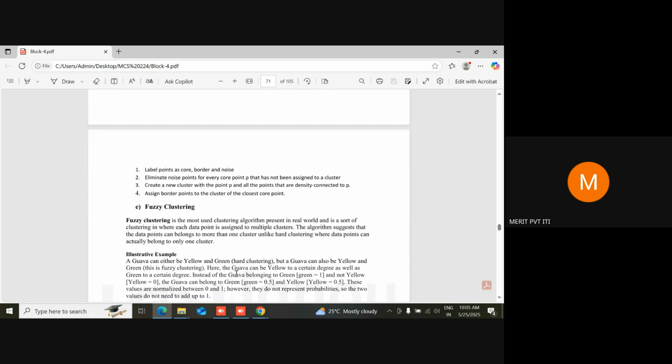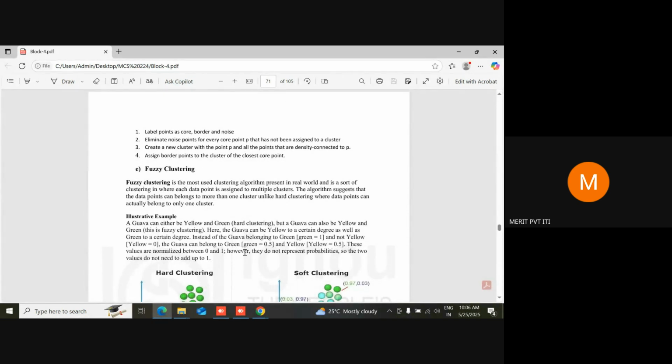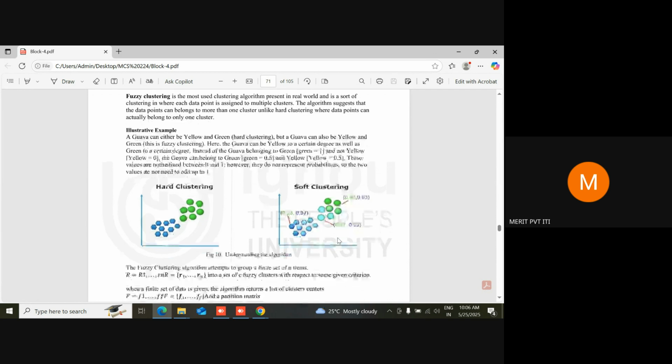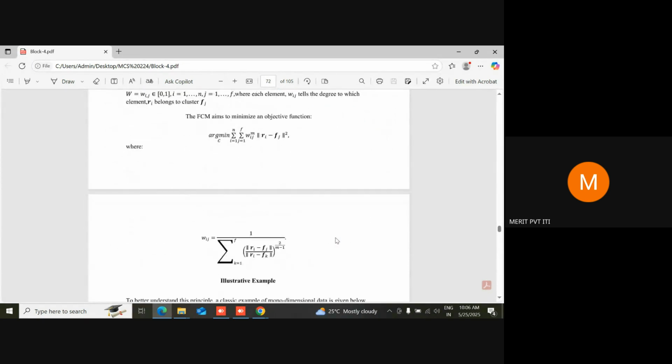Instead of Goa belonging to green as 1 and yellow as 0, Goa can belong to green 0.5 and yellow 0.5. That's where you can say this is hard clustering, and this is soft clustering. 0.03, 0.97, 0.47, and so on and so forth. So this is fuzzy clustering.